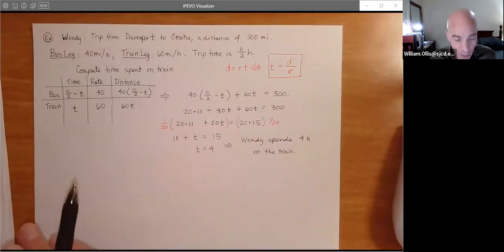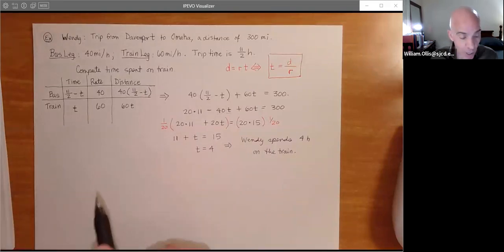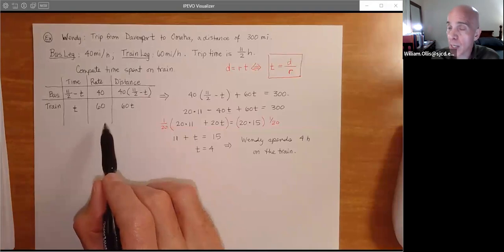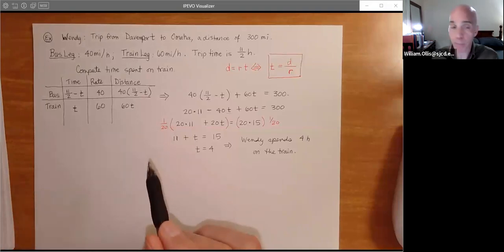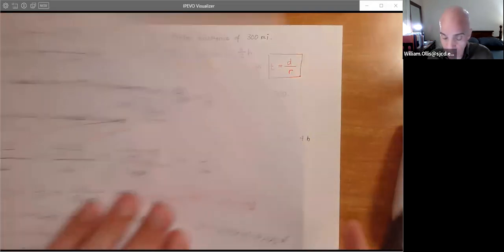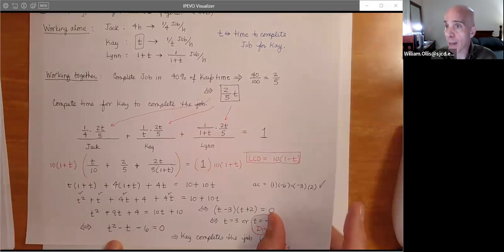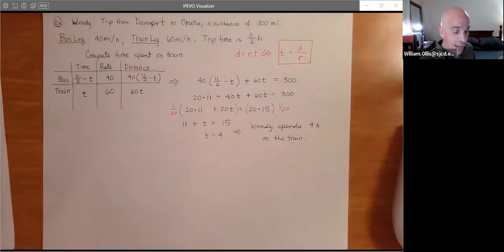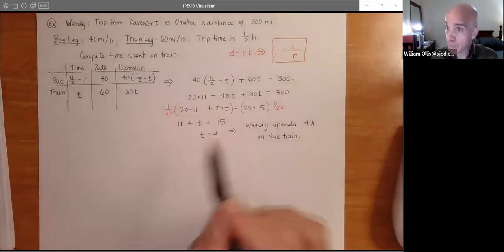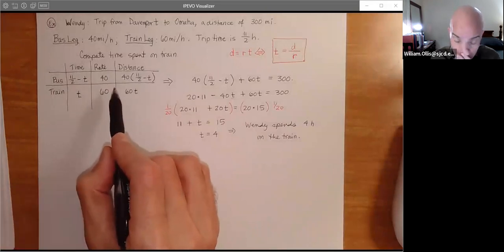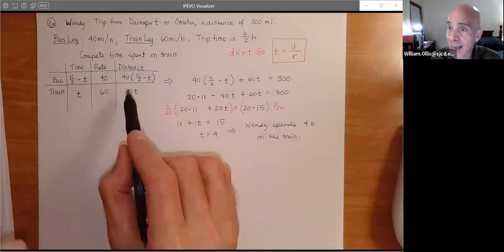Now, there are additional problems in your WebAssign, and there's some other examples that have to do with, again, time, rate, distance. I always recommend a chart. Sometimes you might have to do a problem just like we had in the previous with the time, rate, distance, where you end up with a quadratic. Okay, that will happen. So don't worry about the equation that ensues. Make sure with the time, rate, distance that you have some way of organizing the ideas.